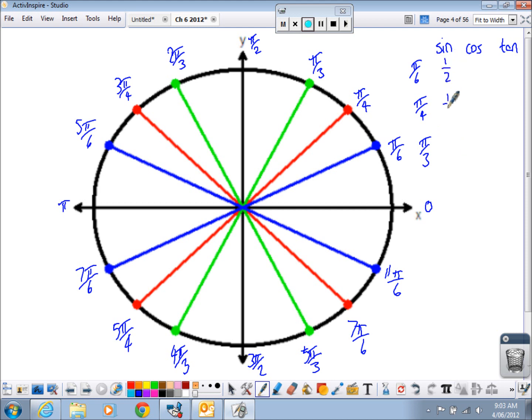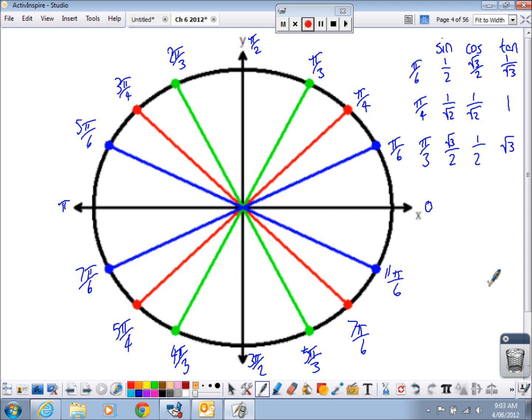So 1 on 2, 1 on root 2, root 3 on 2. Then reversing them for cos: root 3 on 2, 1 on root 2, a half. And then tan is sine divided by cos, so when you do keep, change, flip, the 2s cancel, and you get 1 on root 3, 1, and root 3.